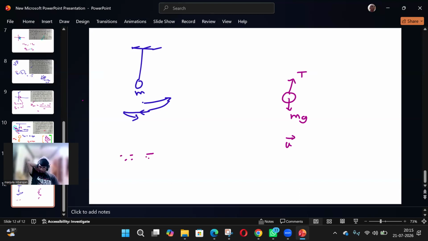So here the bob has become free, but I include the effect of the other bodies, like the string, by a force, and the Earth's gravity by a force mg. The body is free, but I have to get the same effect. To do that, I have to apply the corresponding forces. So this is a free body diagram, which shows the forces acting on the body.